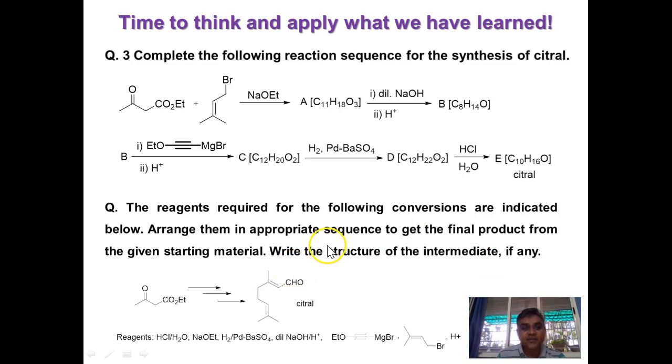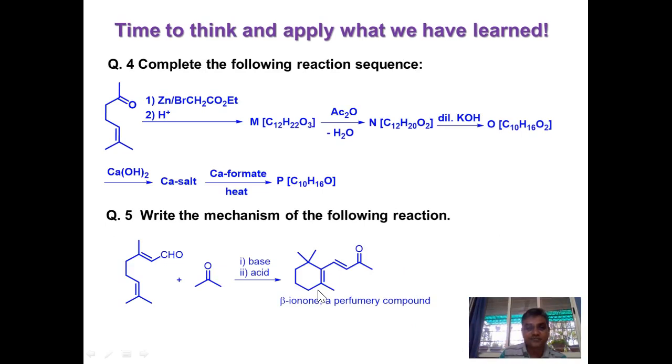The next category of problem likely to be asked is about the synthesis of citral. Instead of asking to write the synthesis of citral, students may be given clues in terms of the molecular formulas of the intermediates involved, and they only have to fill in the blanks in this entire scheme. Alternatively, the reagents can be given, and they will be asked to arrange these reagents in a proper sequence for the synthesis of the citral molecule.